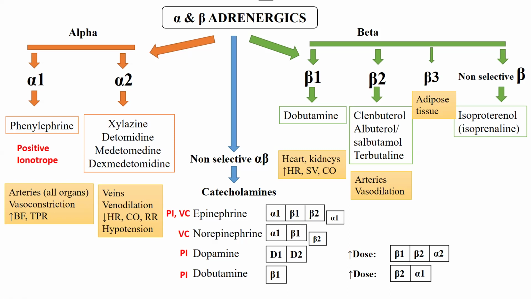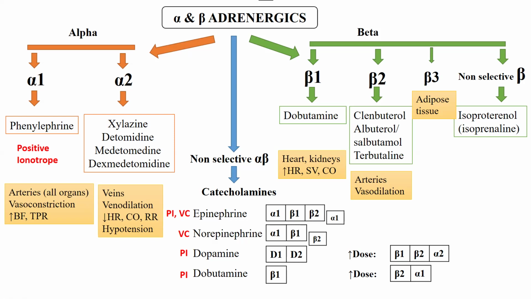Okay? Further, when we see the drugs that act on the cardiac system, the CVS, we will see these inotropes in a better way, because there are not only inotropes, there are chronotropes and dromotropes. So what are these types of drugs?